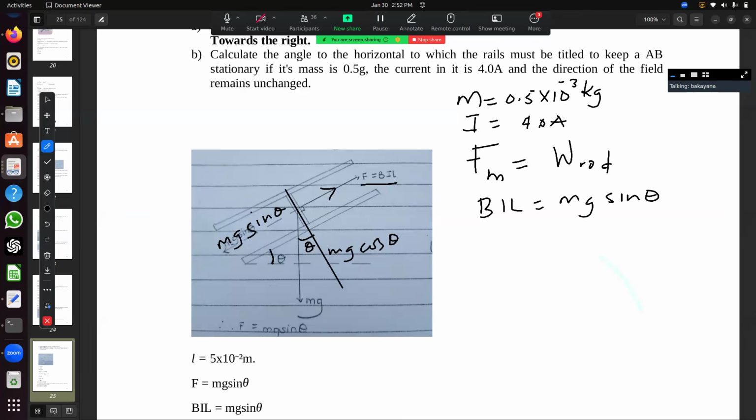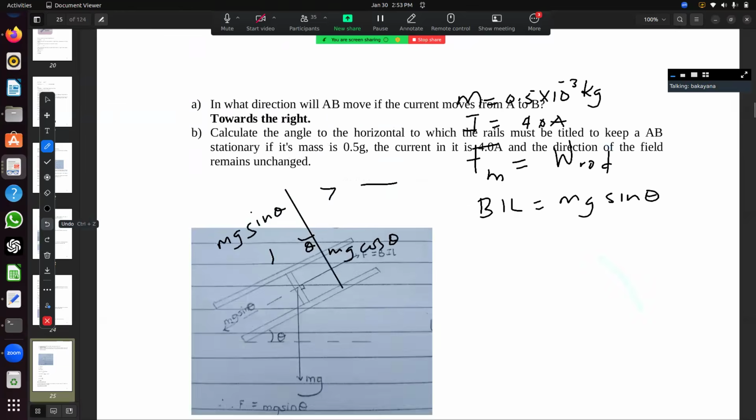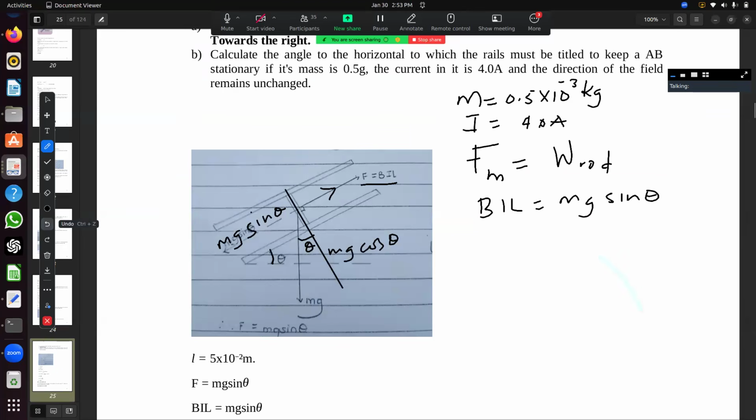They are asking for the angle. B was given as 0.1 Tesla. So our B, let me write it here, 0.1 Tesla. Just substituting 0.1, the current was 4. I don't know the length.